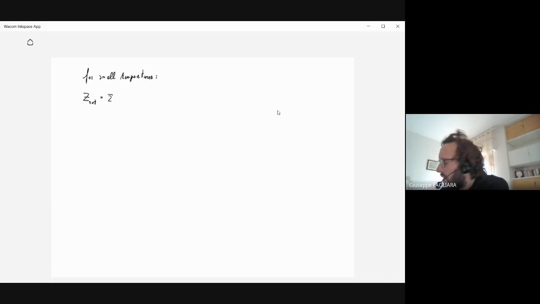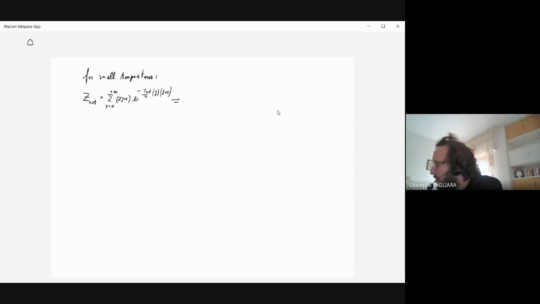This was the sum from j equals 0 to plus infinity of 2j plus 1, and here you have e to the minus t rot divided by t times j(j plus 1). So let's just consider the first two terms of this sum.